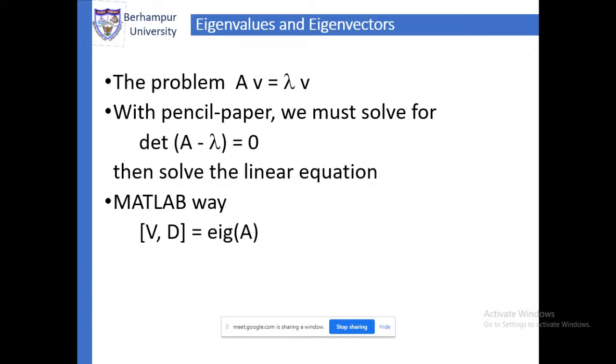For finding eigenvalues and eigenvectors, we must have matrices of this form: AV is equal to lambda V, where lambda is the eigenvalue and V is the eigenvector.